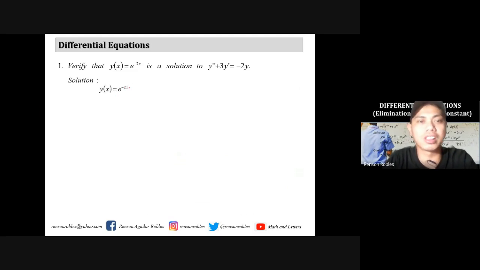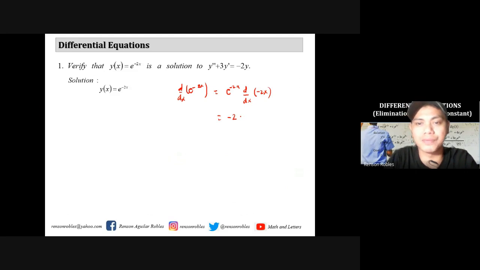So we shall recall how to differentiate an e function. We differentiate e raised to negative 2x. That becomes e to the u, you can remember that, times the derivative of u, which is negative 2x. So this leads us to negative 2, the derivative of negative 2x.